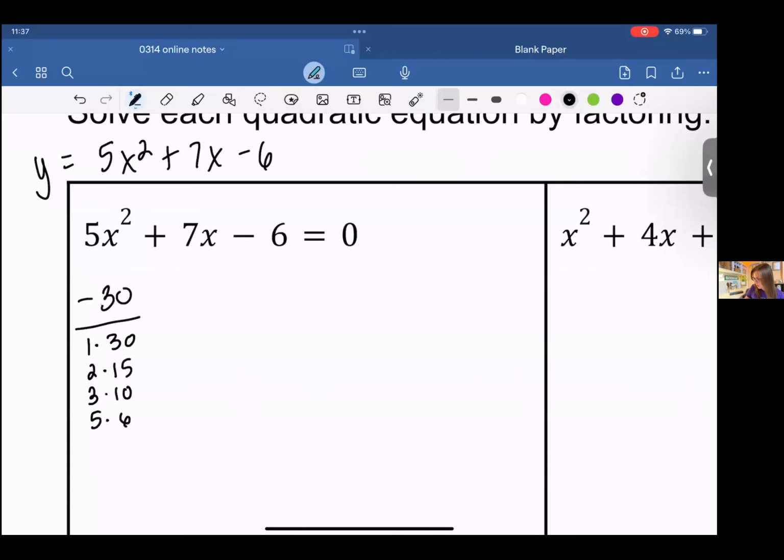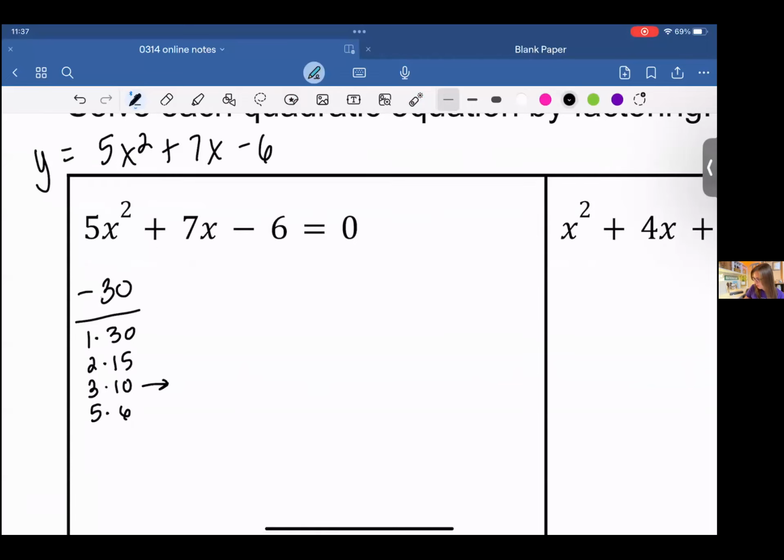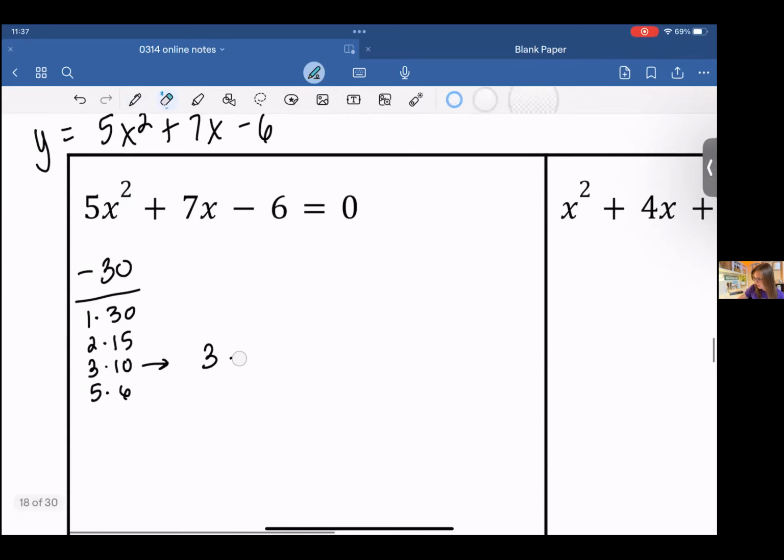Looks like these are going to be good. We're going to have a positive 3 and a, nope, did that wrong. Sorry, guys. Negative 3 and positive 10. So those multiply to negative 30 and they add to positive 7. Sorry about that. So I'm going to write this with my shortcut, x minus 3, x plus 10.